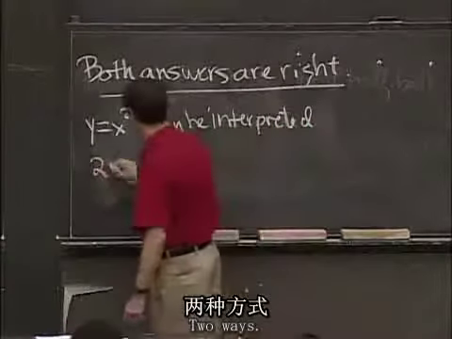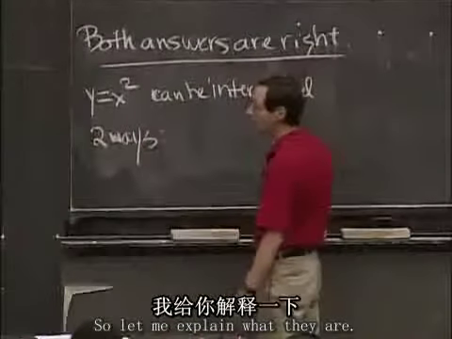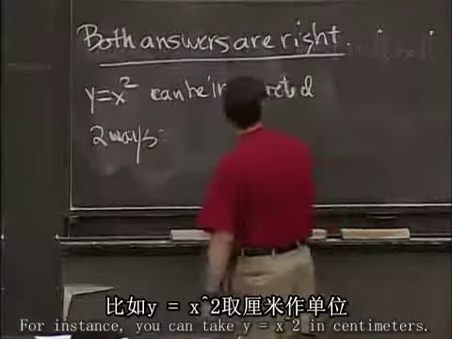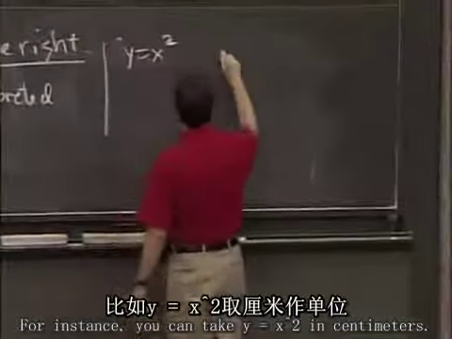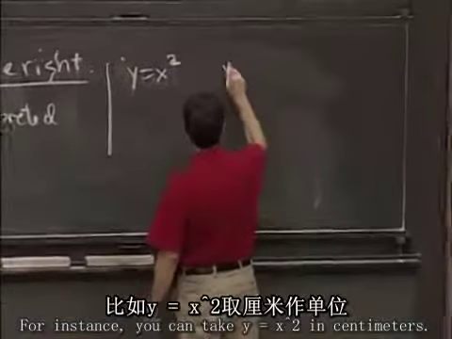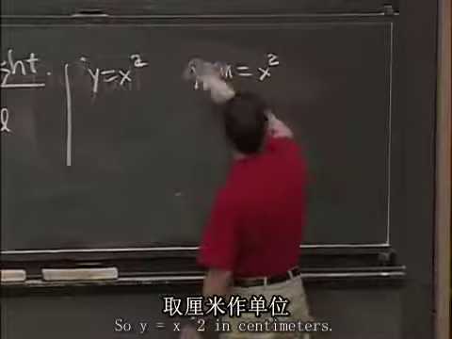Two ways. So let me explain what they are. For instance, you can take y equals x squared in centimeters. So y equals x squared in centimeters.